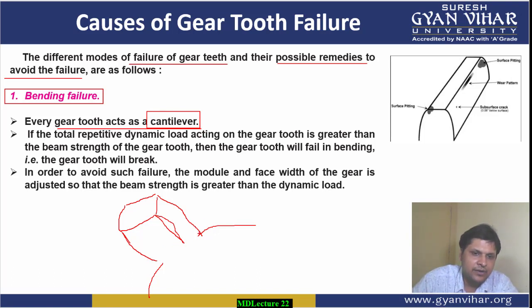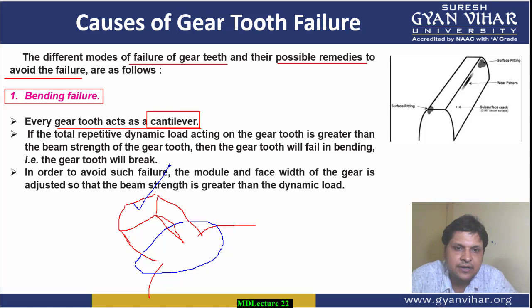Because a cantilever is a beam which is supported on one end and free at the other end. Like this, it is supported here, and it is free at the other end. Therefore, a gear tooth can also be imagined as a cantilever which is loaded at one end and is supported at the other end. So every gear tooth acts as a cantilever.